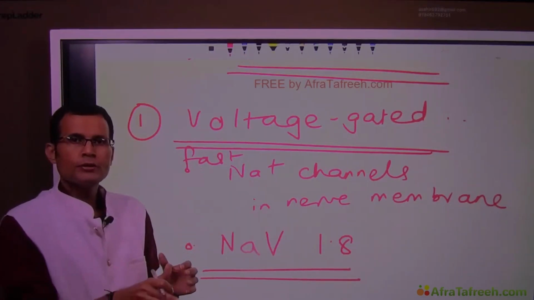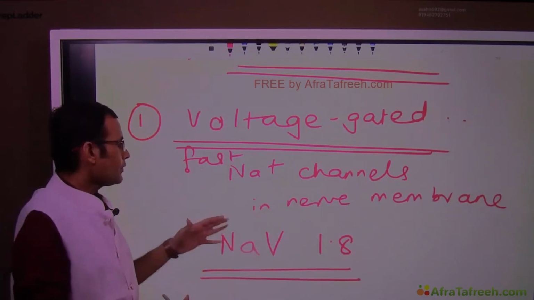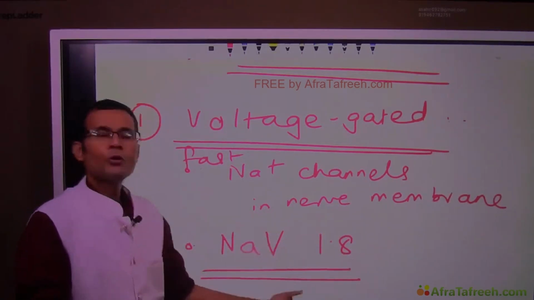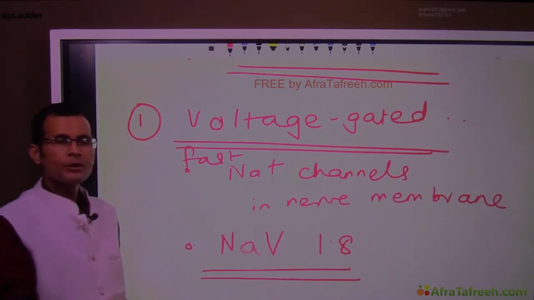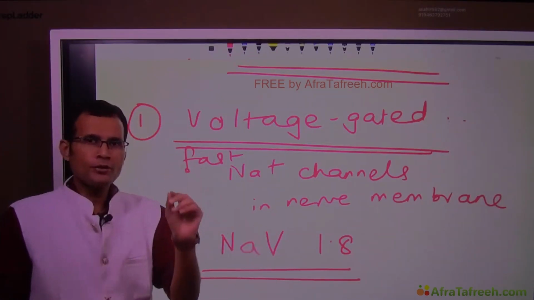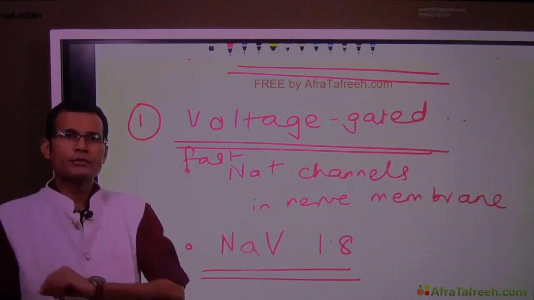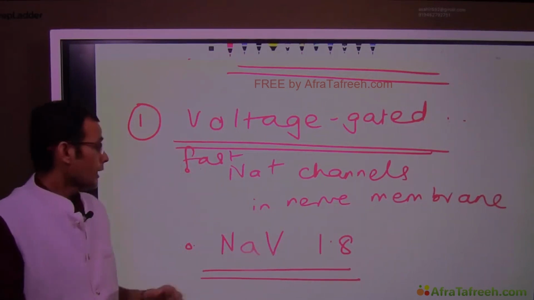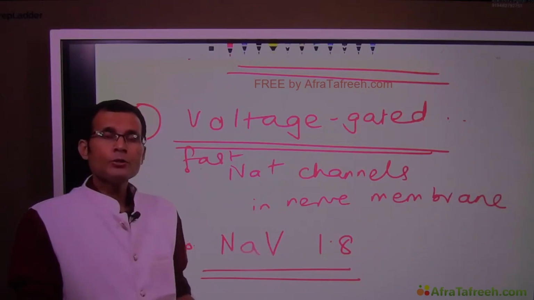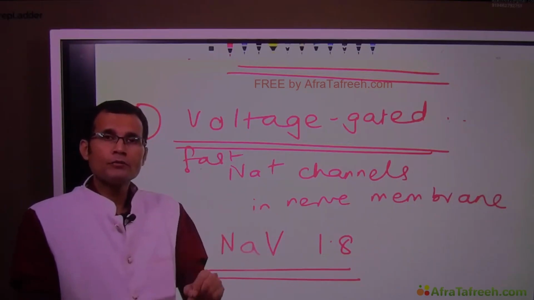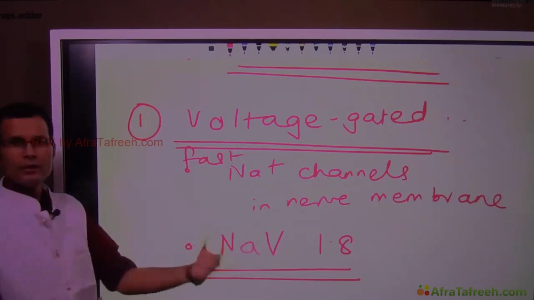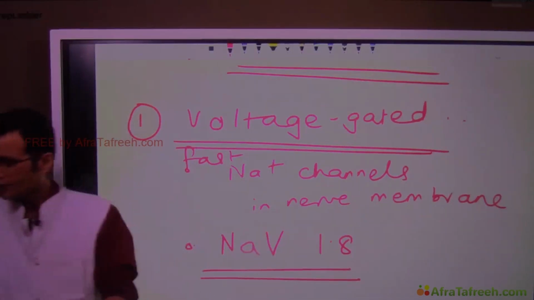Those neurons in the pain pathway have these NAV 1.8, sodium voltage gated. So voltage gated sodium channel. These are also called tetrodotoxin resistant sodium channels. That means these sodium channels are resistant to even the action of tetrodotoxin, which is a specific poison for sodium channels, which we will see in the due course of our discussion.